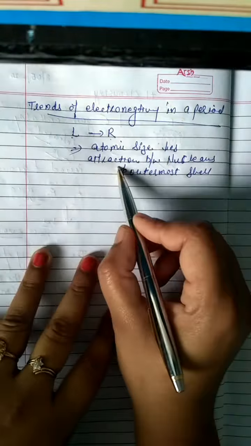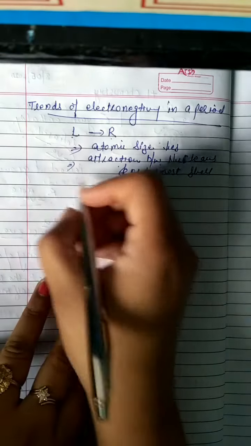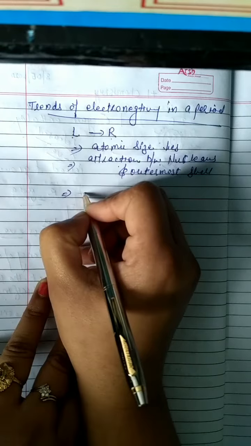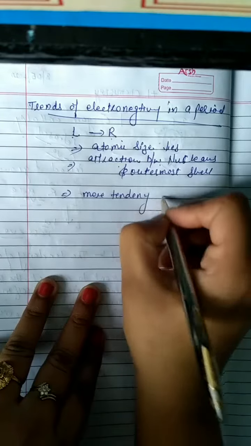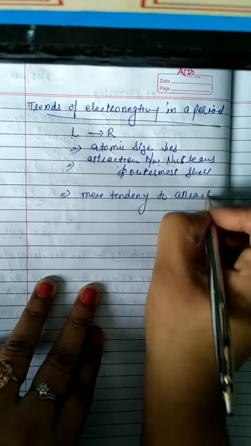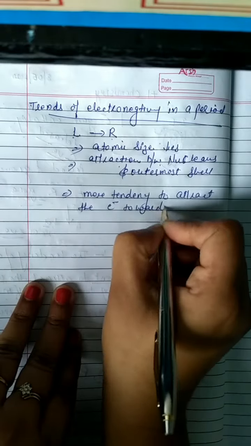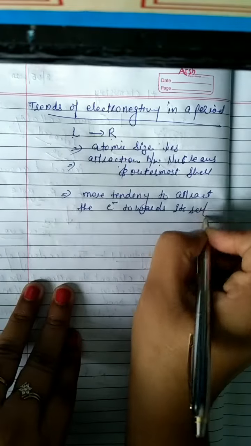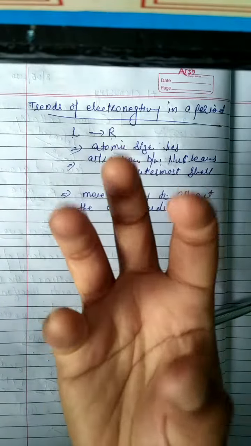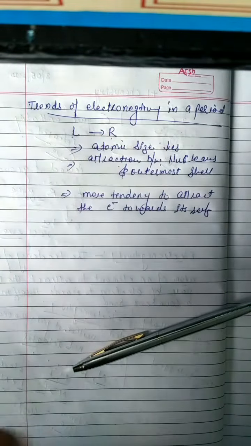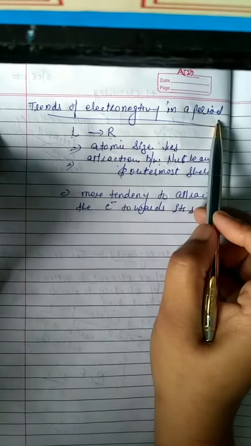If the atomic size is less, then there is a great attraction between the nucleus and the outermost shell, and they have a greater tendency to attract the electron towards itself. Since they have a small size, they have a great tendency to attract the electron towards itself. Clear? This is about the trends of electronegativity in a period.